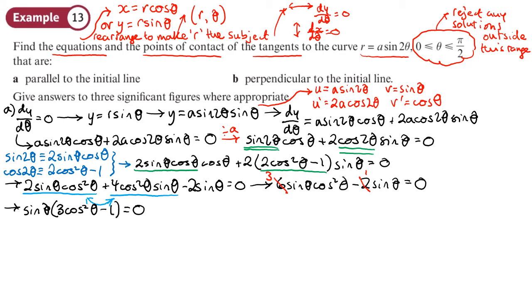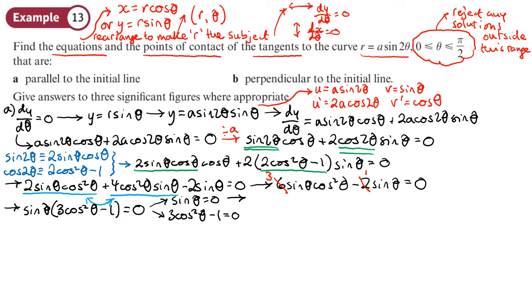Now this is something that I can solve, because it's either sine theta equals 0 or 3 cos squared theta minus 1 equals 0.